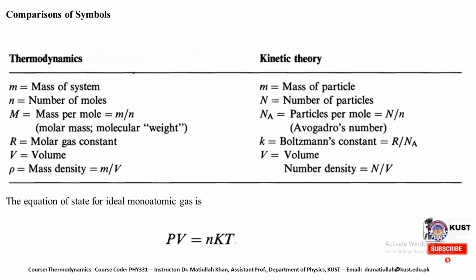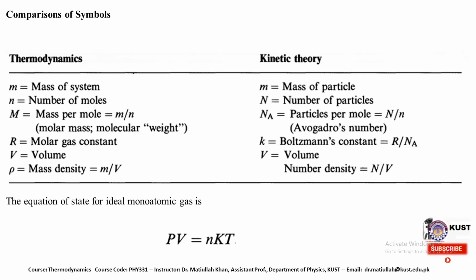In kinetic theory we use N_A, the Avogadro number, which is the number of particles per mole, and can be written as capital N divided by small n.